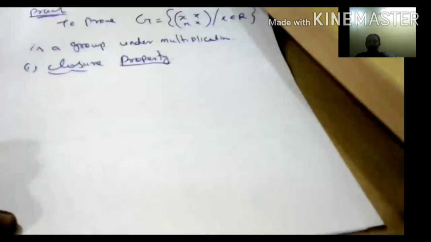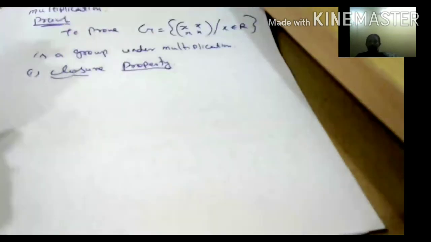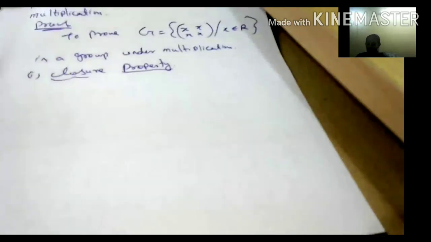What is the closure property? Take any two elements from the given set, multiply them, and check whether the answer belongs to the set or not.